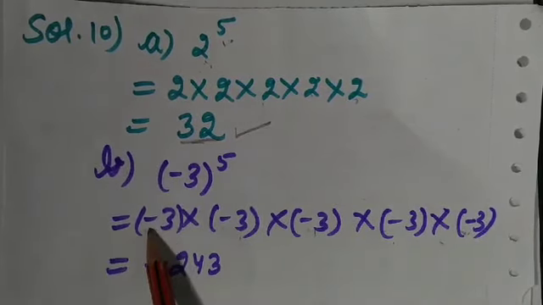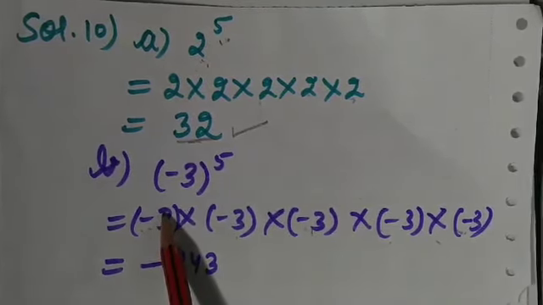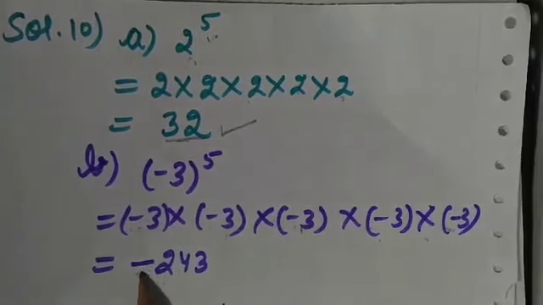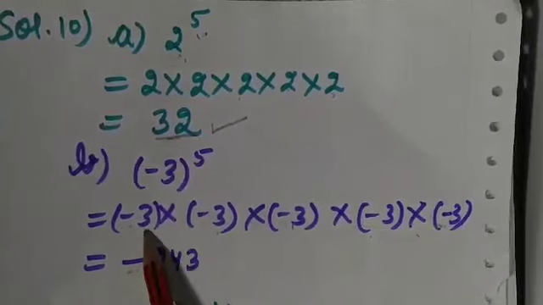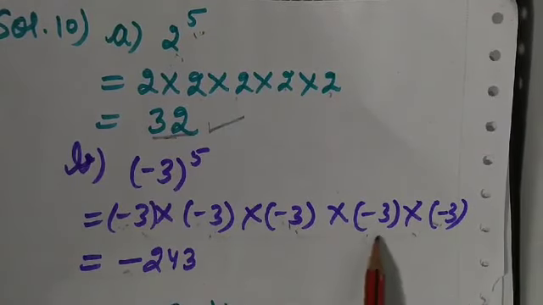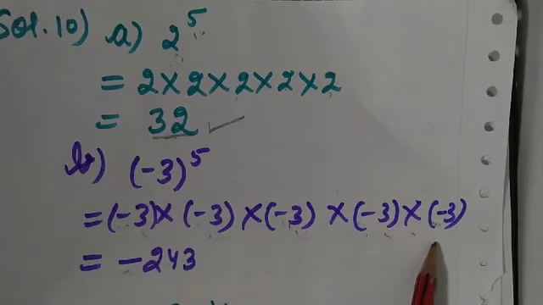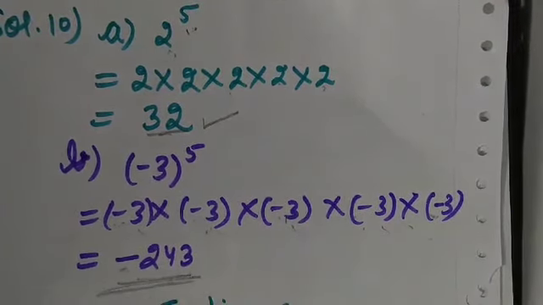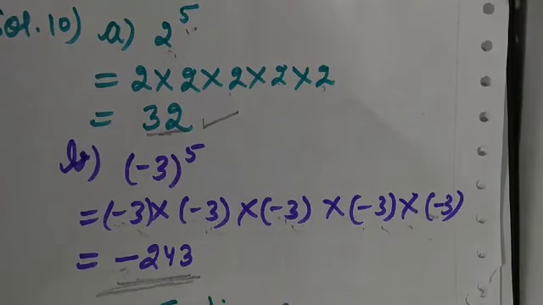So it will be negative. Now come to the numerical value. 3 3s are 9, 9 3s are 27, 27 3s are 81, 81 3s are 243. So the answer will be minus 243. So this is your question number 10.